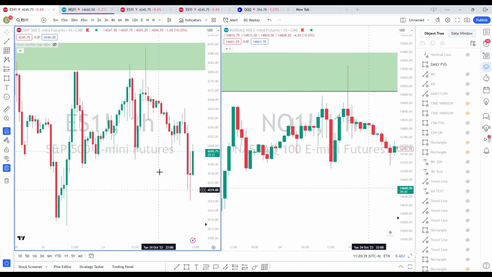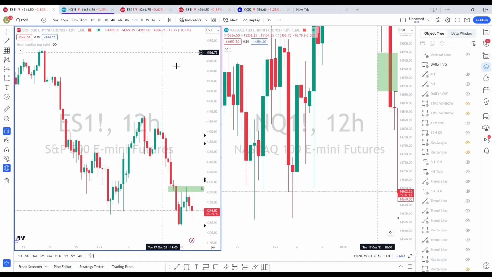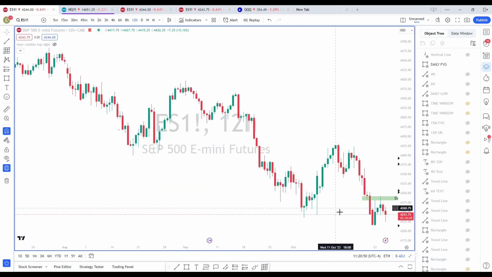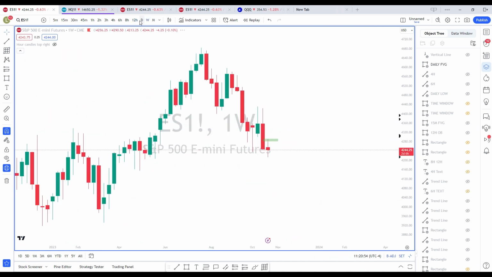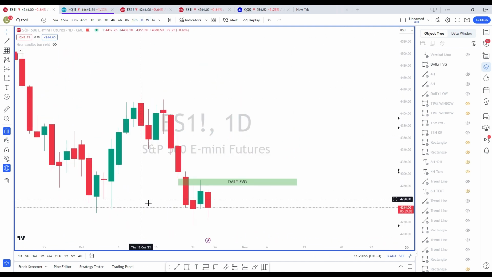So this was the reason for the swing trade. Now, today morning, what did we see? I will focus mainly on ES, and the reason is that ES has been weaker and it had a red candle.